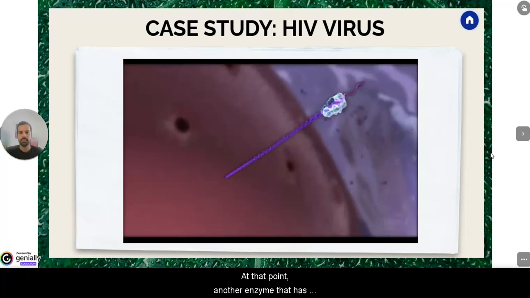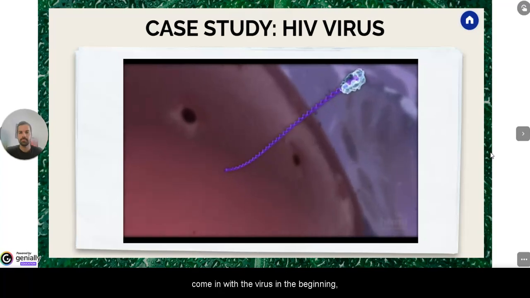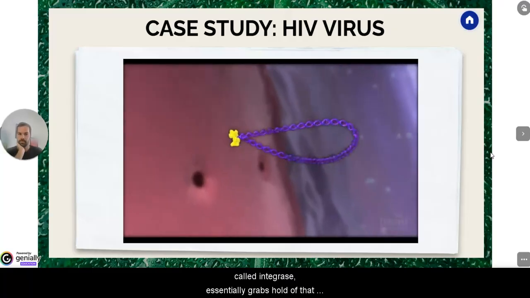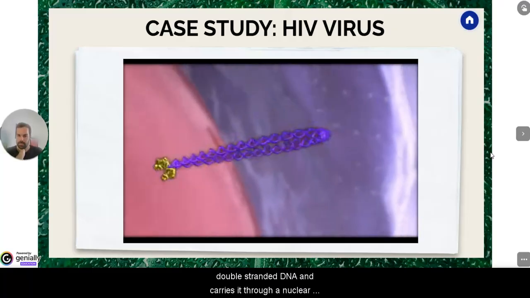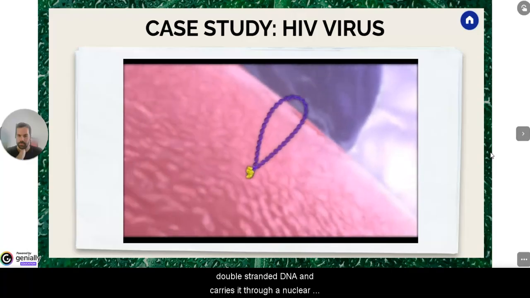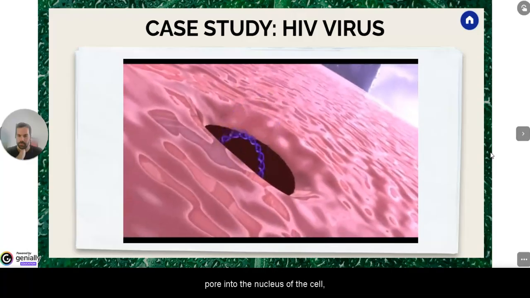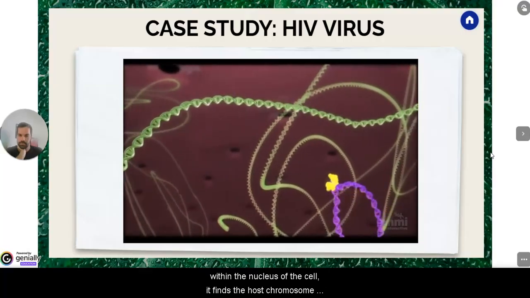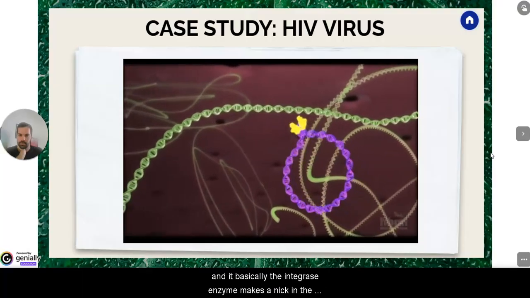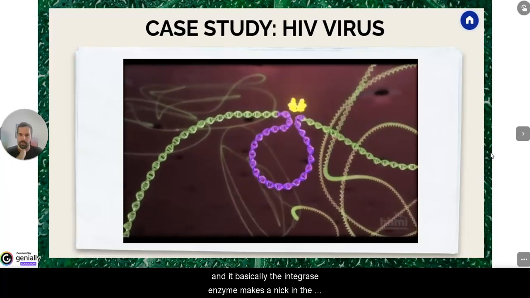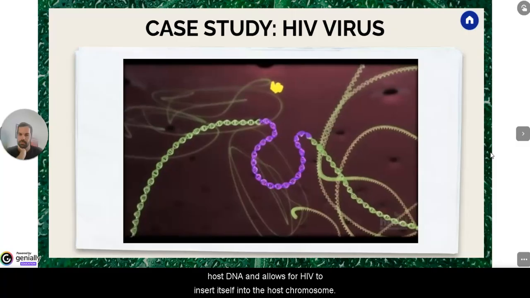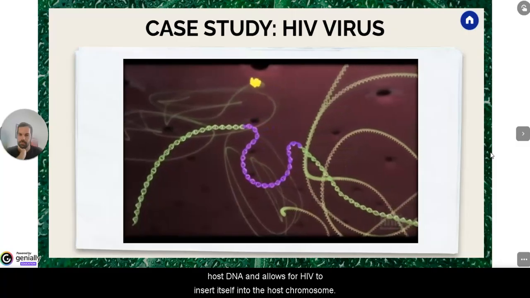At that point, another enzyme that has come in with the virus in the beginning, called integrase, essentially grabs hold of that double-stranded DNA and carries it through a nuclear pore into the nucleus of the cell. Within the nucleus of the cell, it finds the host chromosome, and the integrase enzyme makes a nick in the host DNA and allows for HIV to insert itself into the host chromosome.